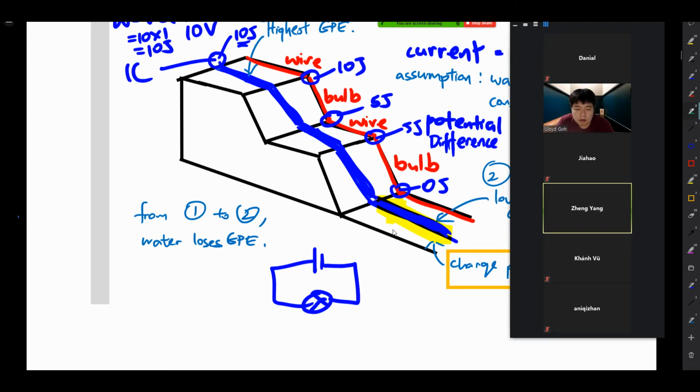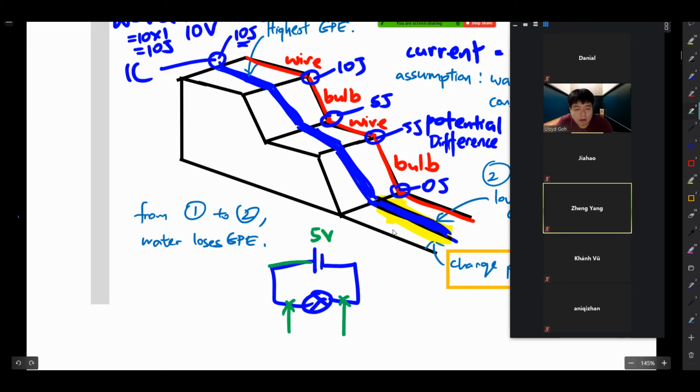So for the thing you draw, once it passes through the light bulb, what's the potential difference? Let's say the battery is 5 volt. 5 volt means that on flat ground, the battery is able to push the electrons up a certain height, giving it 5 joules of energy for every 1 coulomb.